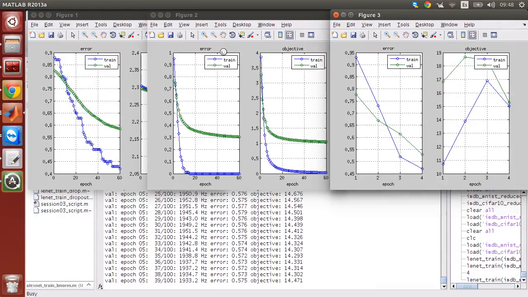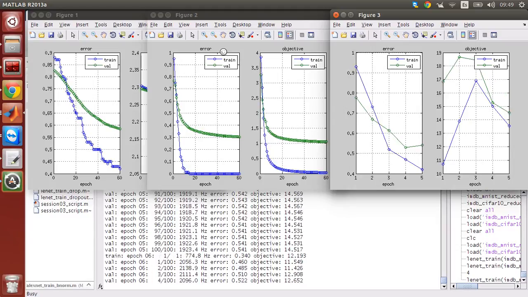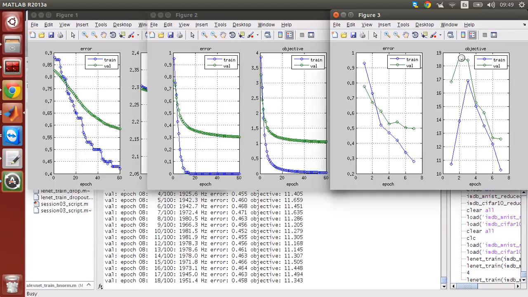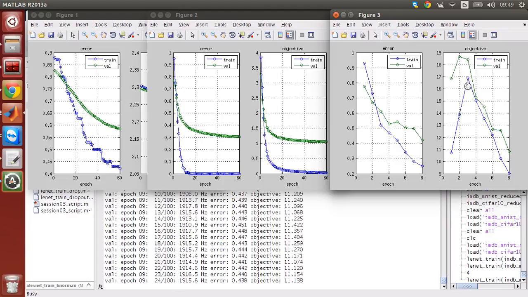You can see here the objective loss did something quite funny at the beginning, at epoch 2, so it went up a little bit. This might happen sometimes. You don't need to worry if you see that after a couple of epochs it starts decreasing, so that's fine. But of course it will be better to avoid that behavior.